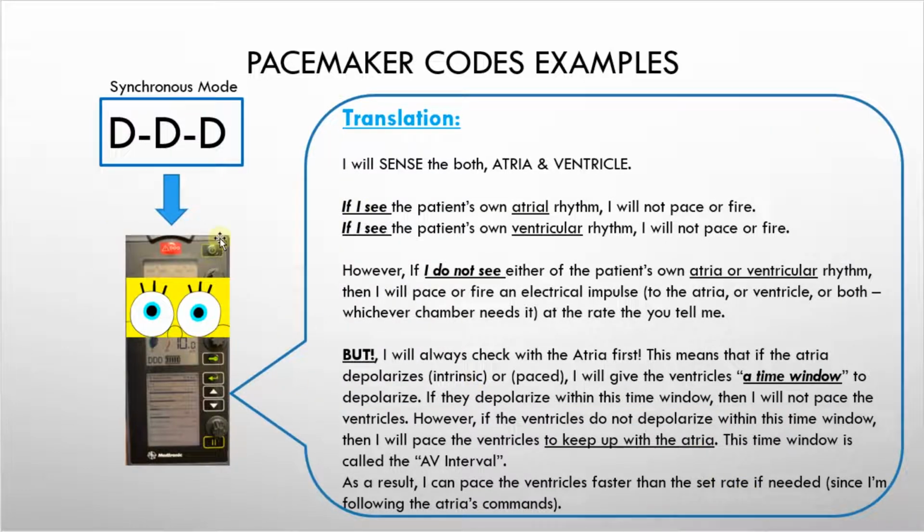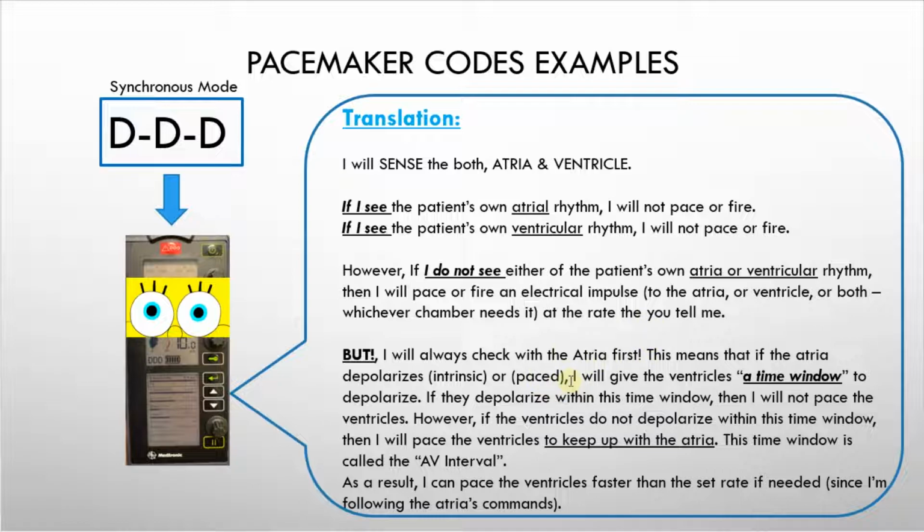Now in triple D, or DDD mode, it is a tracking mode, meaning that the pacemaker will always check on the atria first. If the atria depolarizes, either because it is the patient's own beat or because the atria fell below the rate that we set in the pacemaker, then the atria will be paced.